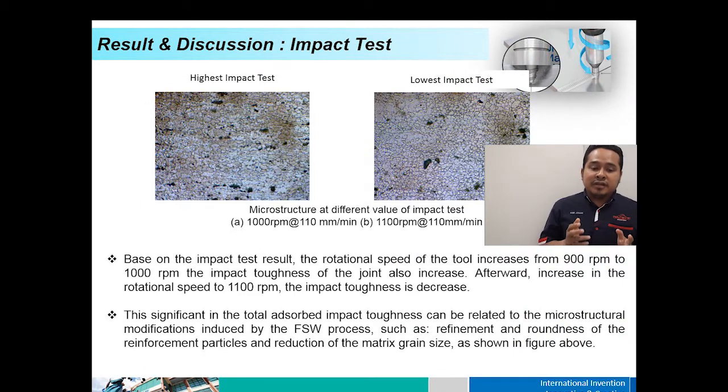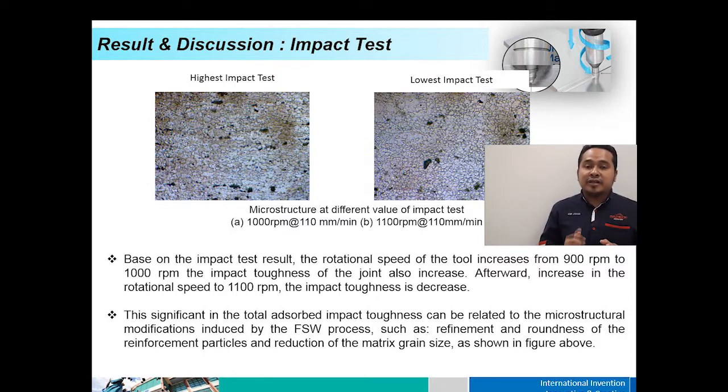Based on the impact test result, as the rotational speed of the tool increased from 900 RPM to 1000 RPM, the impact toughness of the joint also increased. Afterward, with an increase in the rotational speed to 1100 RPM, the impact toughness decreased.